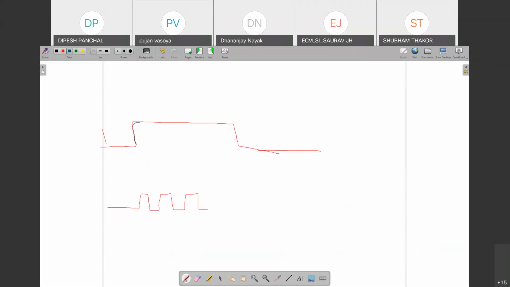So here there will be a small change, then it follows the input. Same way it follows the input, and here there will be a small change because of parasitics.